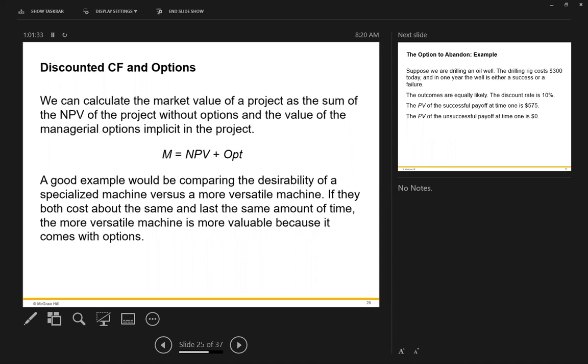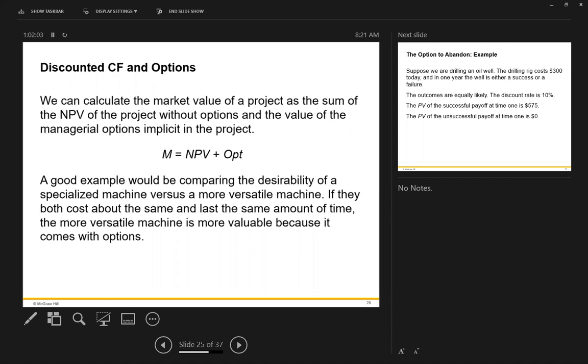So we can calculate the market value of a project. So what's it worth? As the sum of the net present value of the project without options and the value of managerial options implicit in the project. For instance, so there's our formula. A good example would be comparing the desirability of a specialized machine versus a more versatile machine.